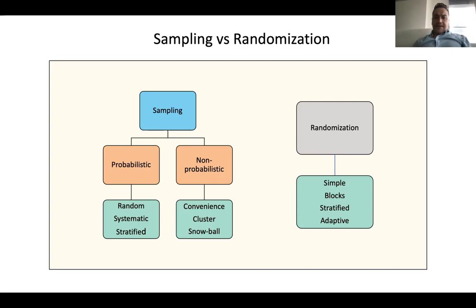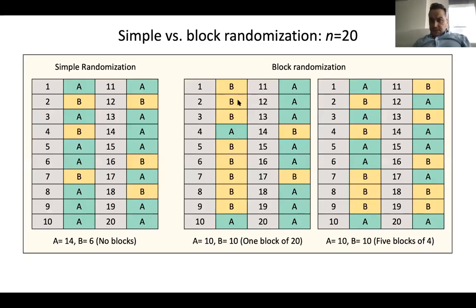That being said, I think it's worth discussing the block randomization and the stratified randomization, which is what I'm going to do over the next minutes. Let me see here. So, just one second here.